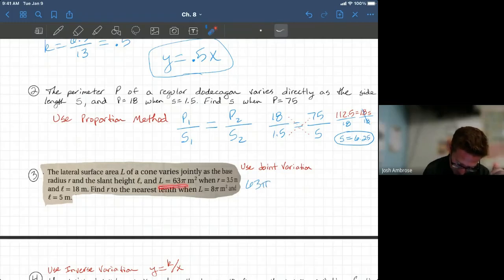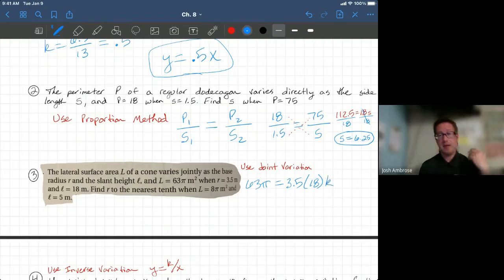That came from the first L value equals 3.5 times 18, and then don't forget times K. We have to solve for K. So for the joint variation, there's 3 pieces we have to be using here. All right, 3.5 times 18 works very nicely out to be 63. So here's why you leave pi.